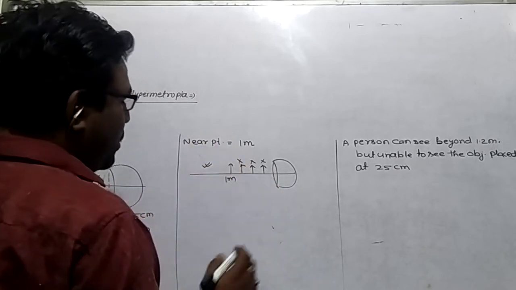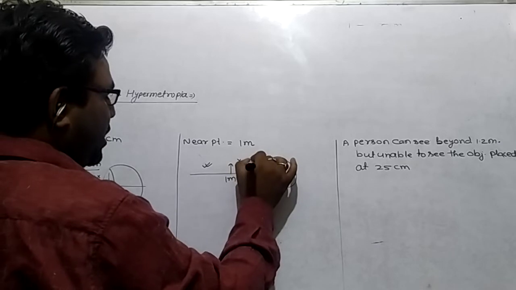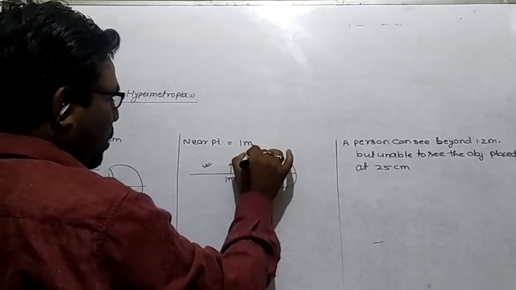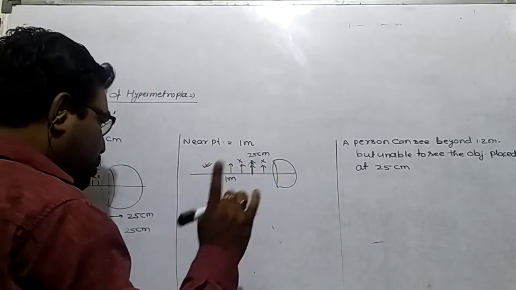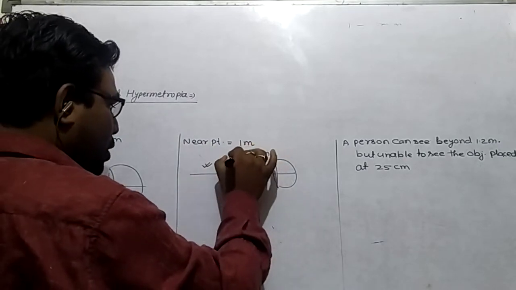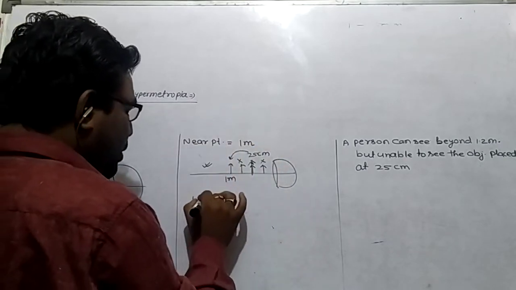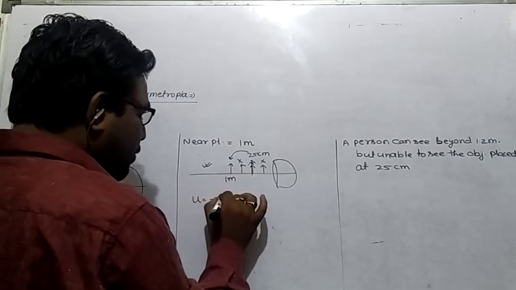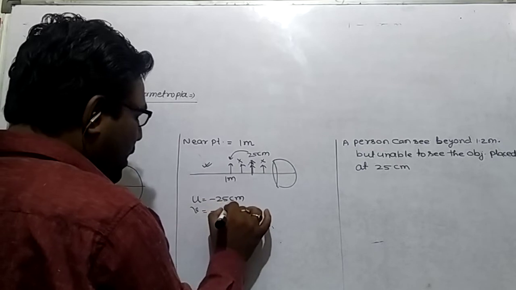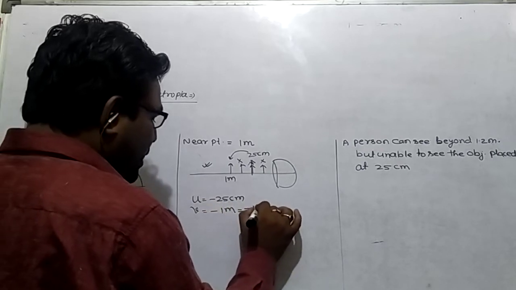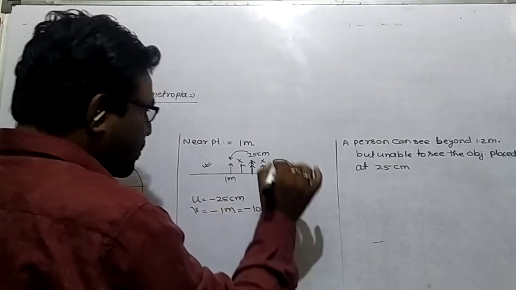Here we have to assume the object position is 25 centimeter. Now the object is placed at 25 centimeter and we want to see the image at 1 meter. So u is equal to minus 25 centimeter and v is equal to minus 1 meter, means minus 100 centimeter.